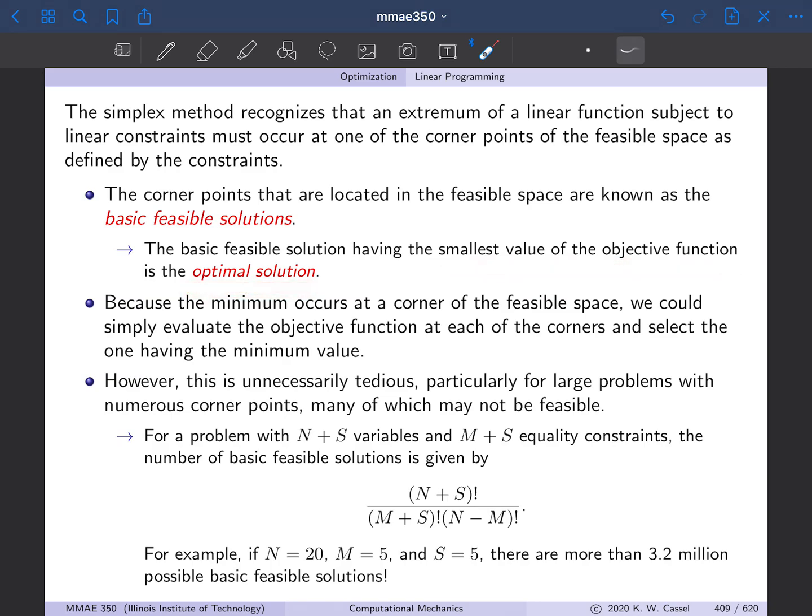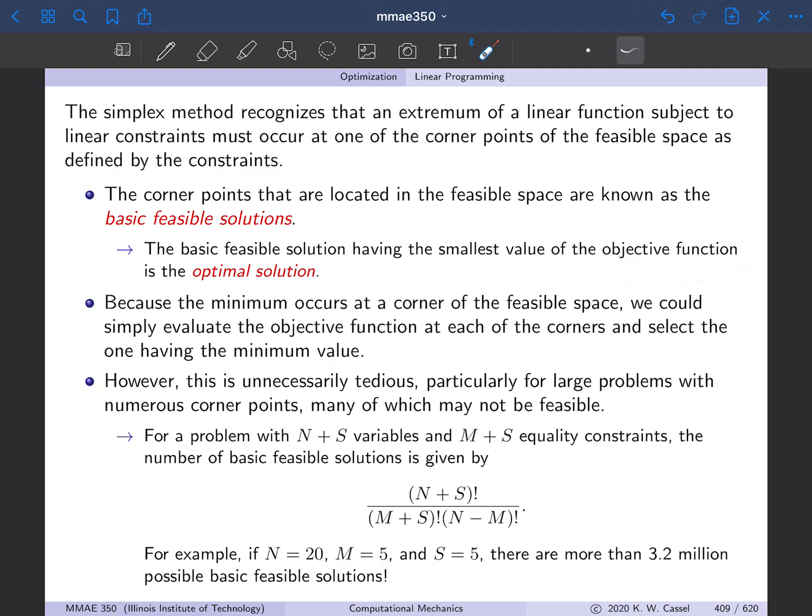So we illustrated this for our train car example last time, where we had two possible solutions. The feasible space, remember, was a straight line, and the basic feasible solutions were the two ends of that line segment. One of those two ended up being the optimal solution, the one that had the smallest value of the objective function.